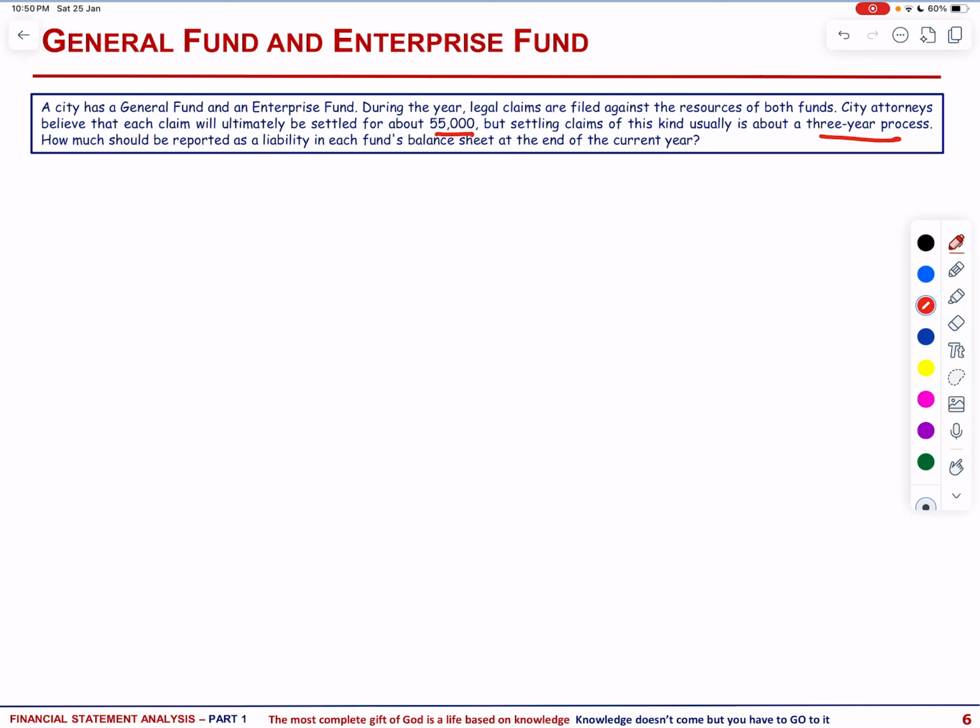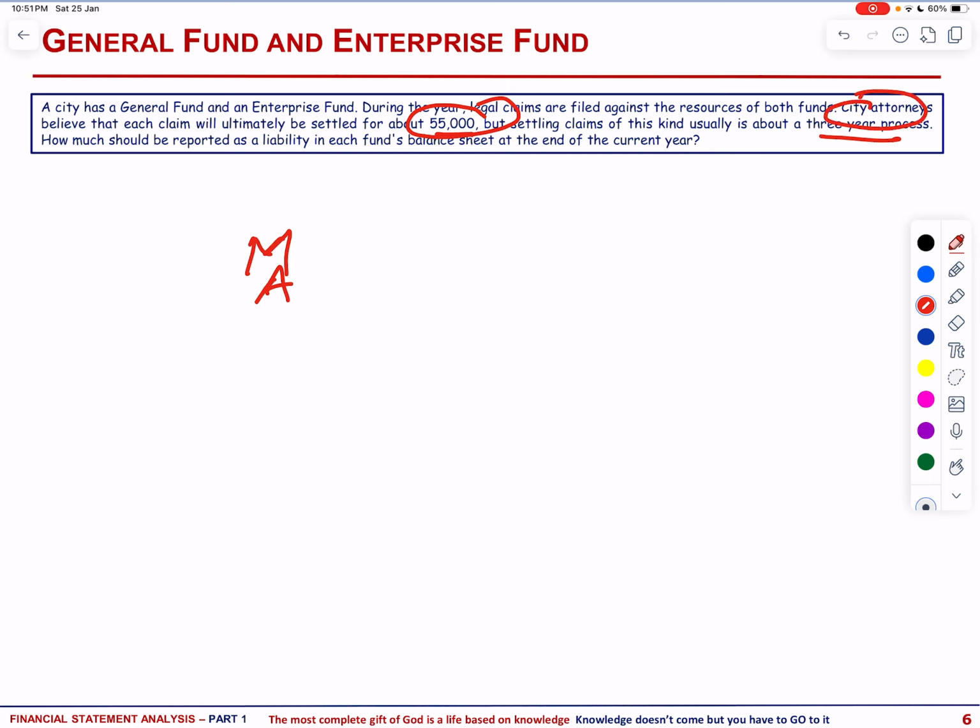Now, under the modified accrual basis of accounting, a liability is recognized only if it is both measurable and available. So, for legal claims, the liability should be recognized when it is likely to be settled and when it is measurable. Now, in this case, the city attorney believes that the claim will be settled for 55,000, but settling them will take about 3 years.